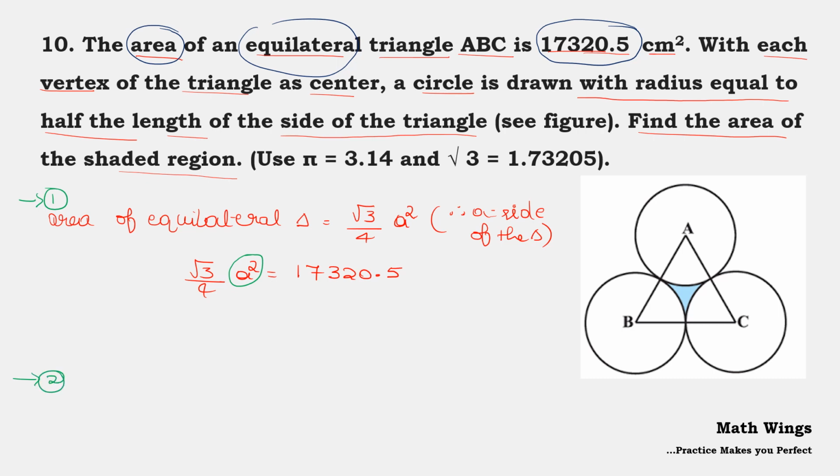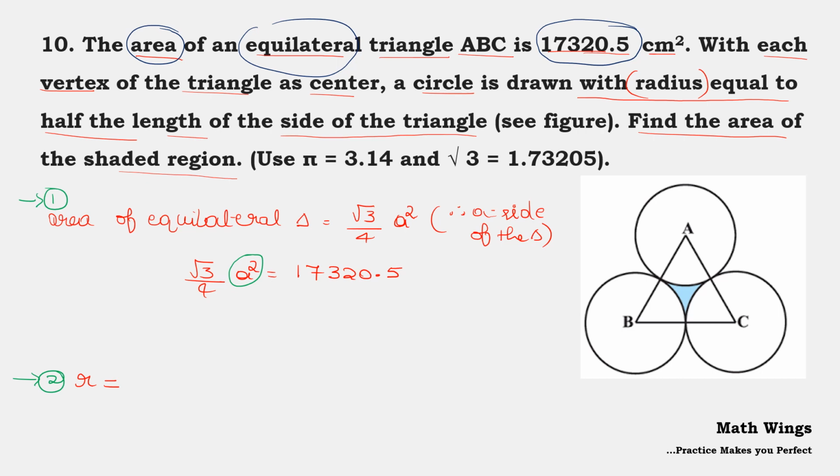What is given? Read here. Each vertex of the triangle as a center, a circle is drawn with radius equal to half the length of the side of the triangle.